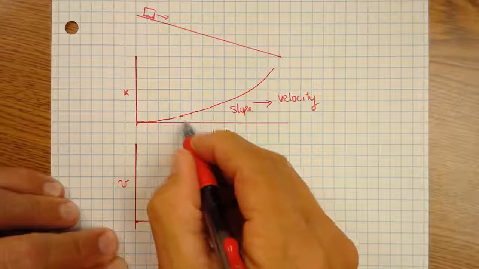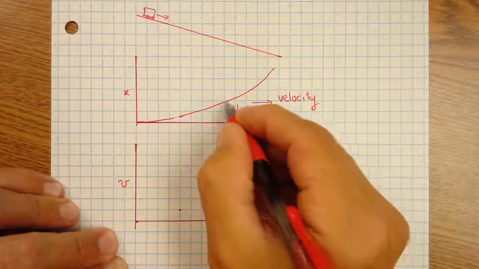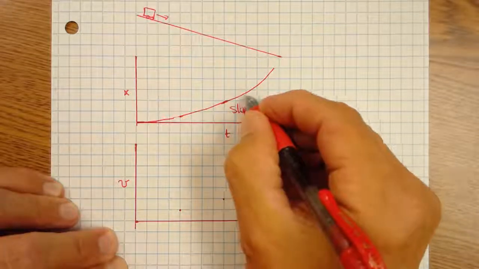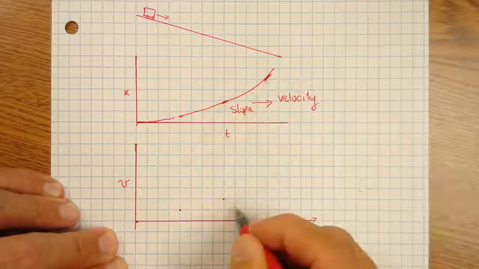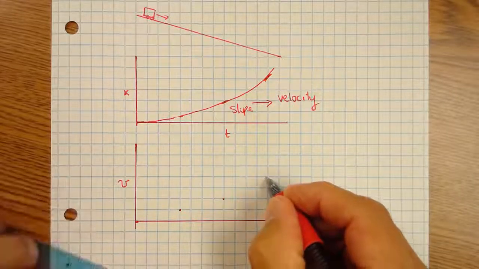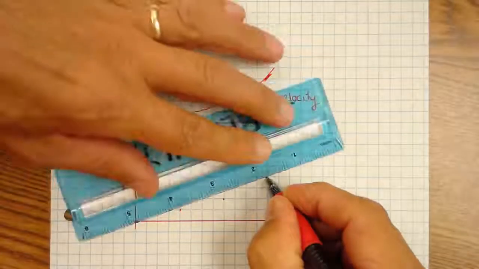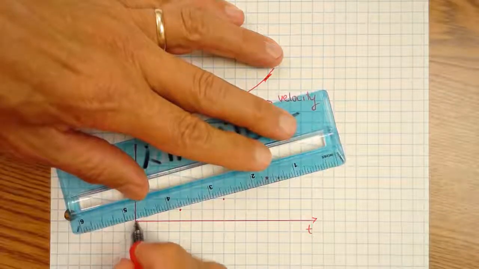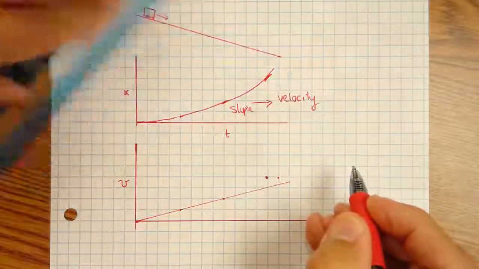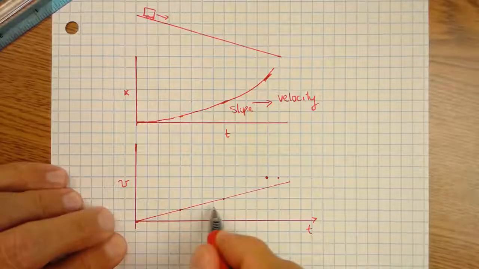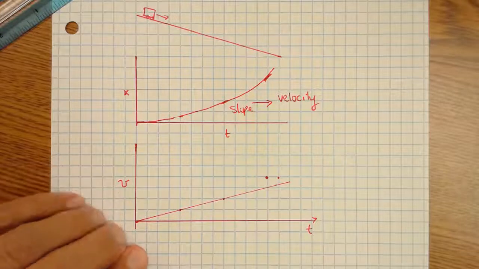Over here, the slope is getting steeper, maybe like 2. And then over here, it's getting really steep, maybe something like 3. So if we draw a graph of the velocity versus time, you can see that it's actually increasing, something like that. And when a velocity changes, we call that an acceleration.